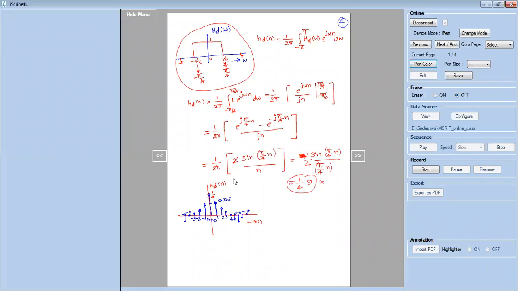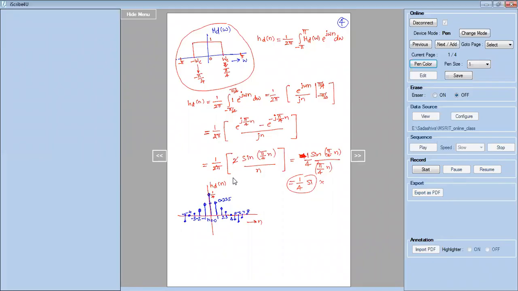So multiply it with a finite number of train of impulses. Vishnu, can you tell me properly what you mean by that? Sir, if you multiply it with a signal having finite length, you can cut down even HD of n, sir. Okay. So just so that you don't alter magnitude, you multiply with unit impulse.